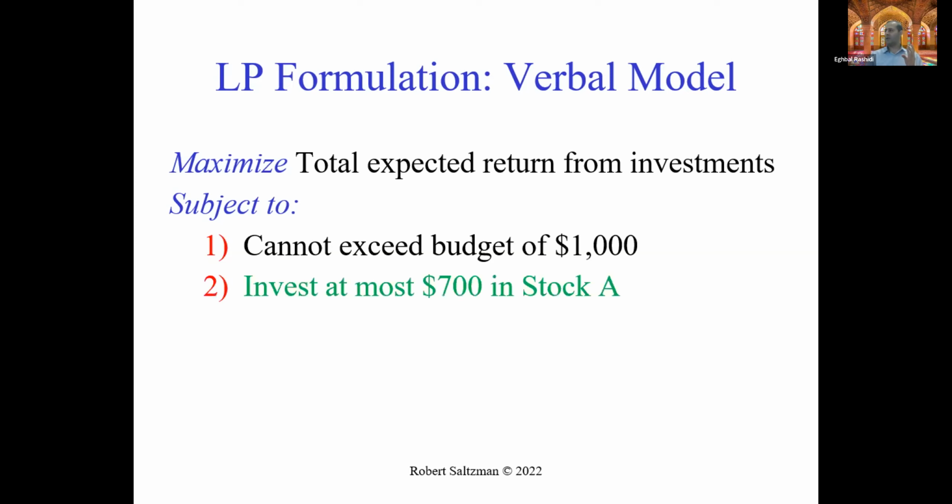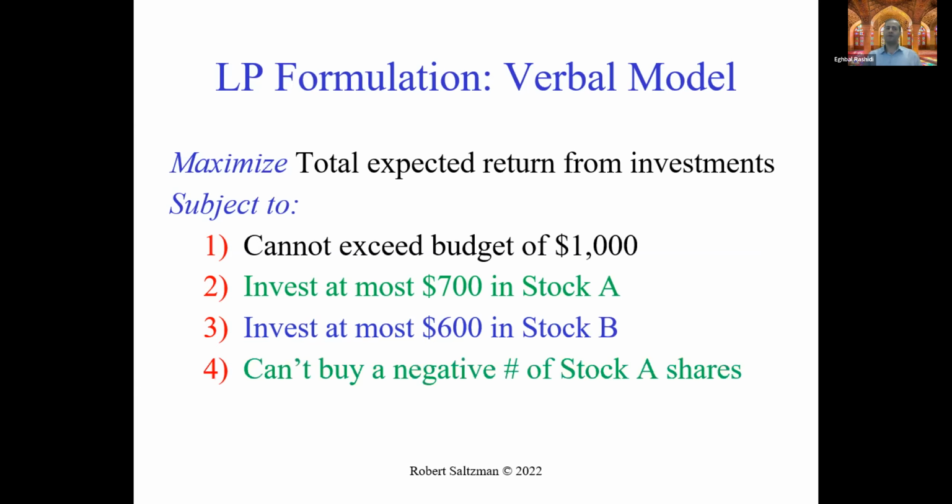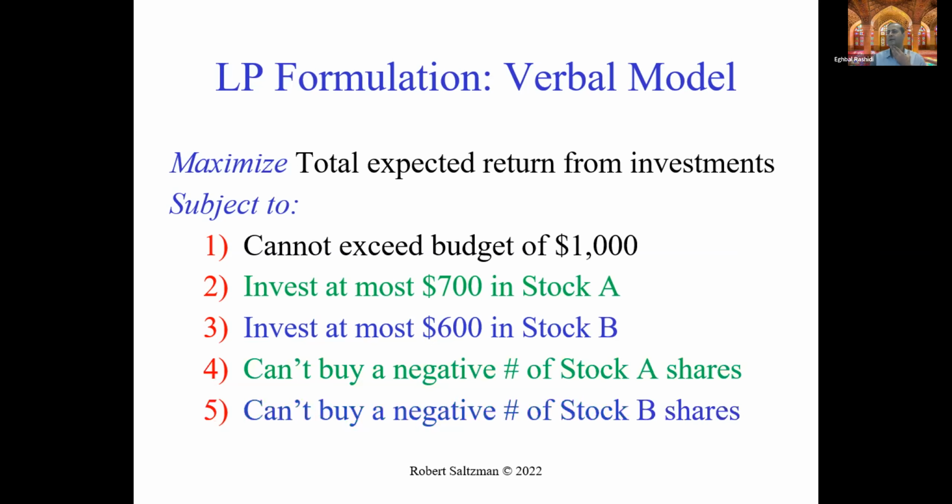The second constraint is regarding our investment in A. We must not buy more than $700 of stock A. The third constraint is our limitation on investment in stock B. We must not purchase more than $600 of stock B. And the fourth and fifth constraints are just non-negative values. You cannot buy a negative number of stock A or B. Okay, so we have 5 constraints, right?